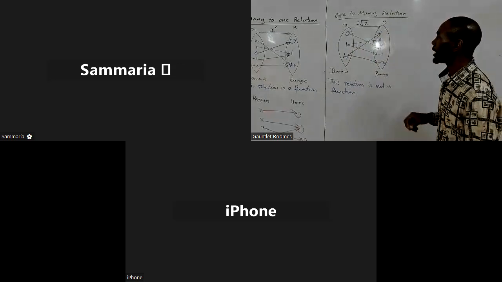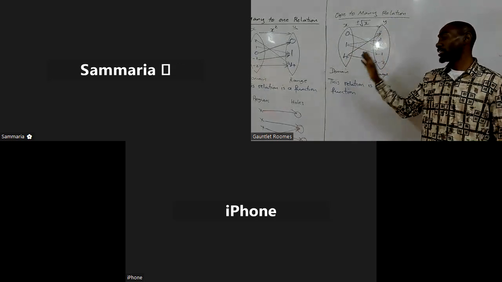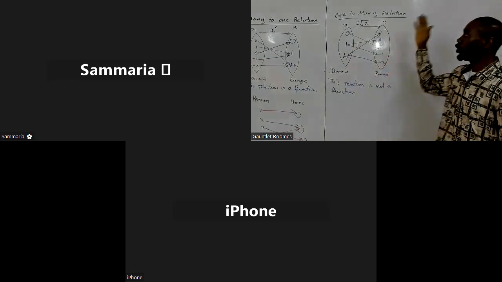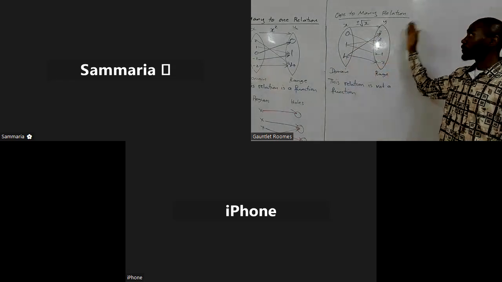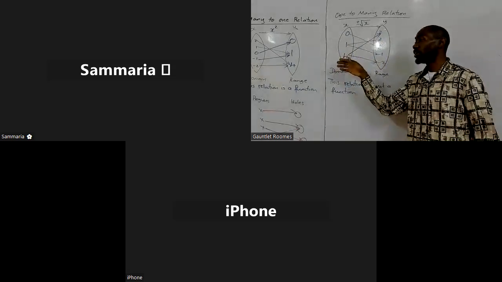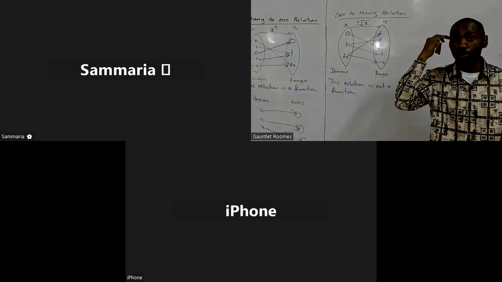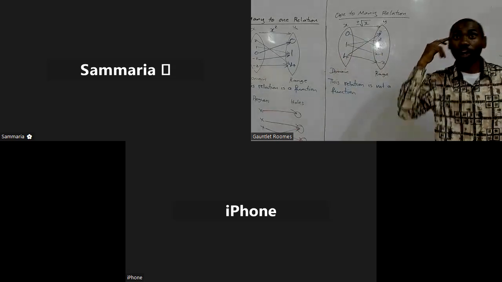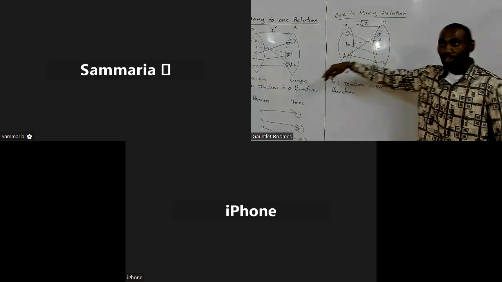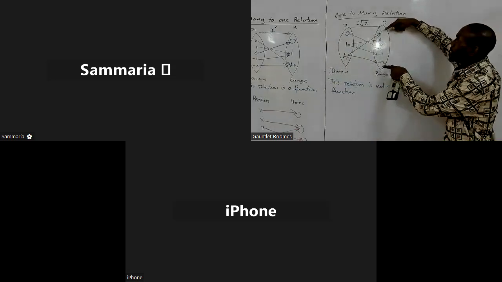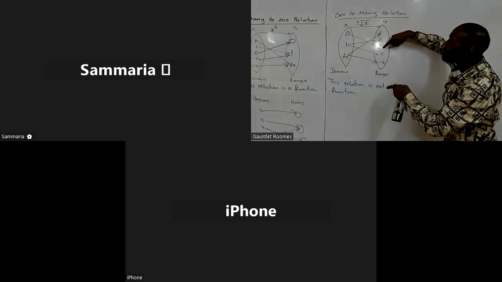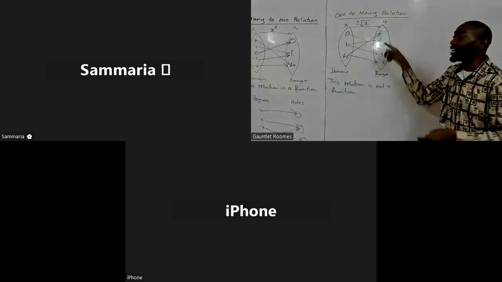And now, class, this is why it is important that it is always the domain mapped onto the range. Because if you should look at it from this point of view, from range to domain, it may appear to you that it is a function. Because if you look at it from range to domain, then it would signify that this maps onto one, this maps onto one, that maps onto one, and so on.